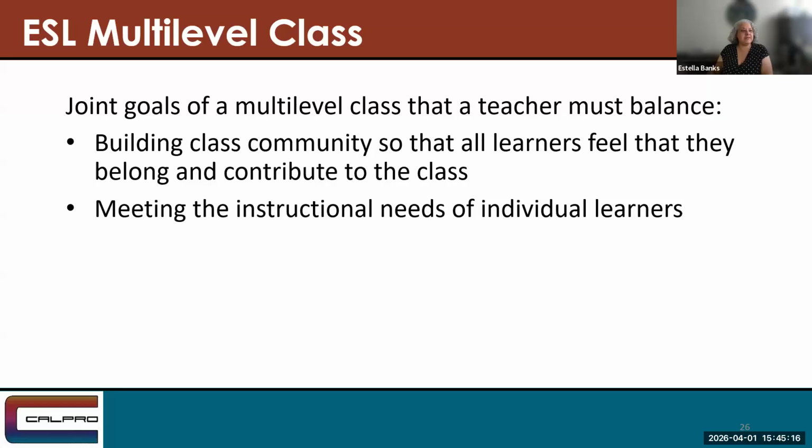What grouping strategies have you seen are successful in a multi-level class? Okay, I'm seeing a lot of quiet.